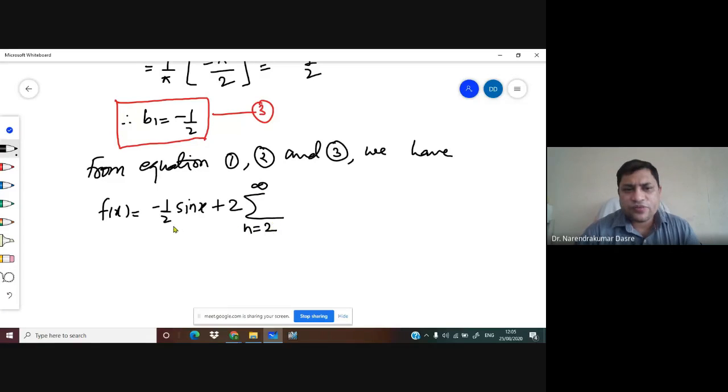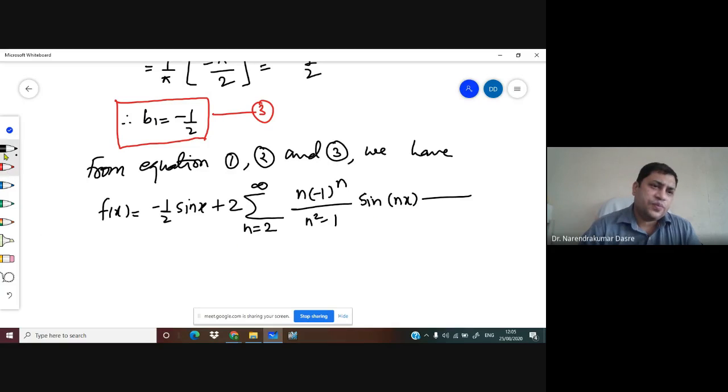For n is equal to 1, we have already evaluated this term. So n is running from 2 to infinity. So here we have n into minus 1 raised to n upon n square minus 1 into sine of nx. This is your Fourier series expansion for the function f of x that we have.